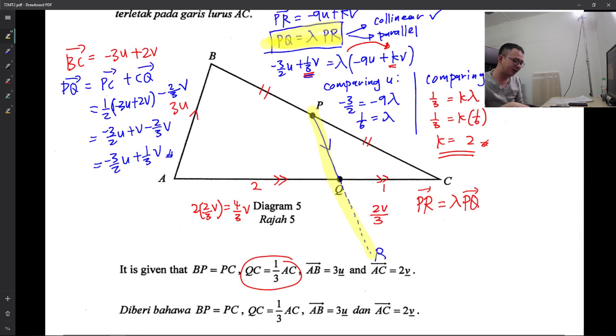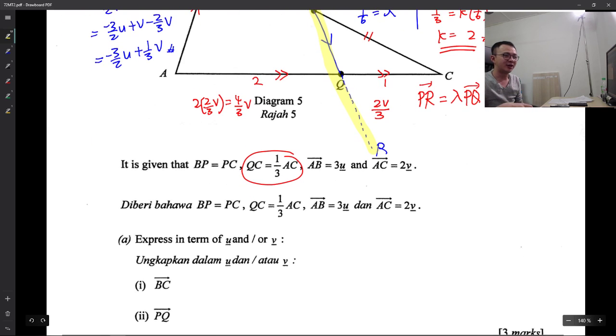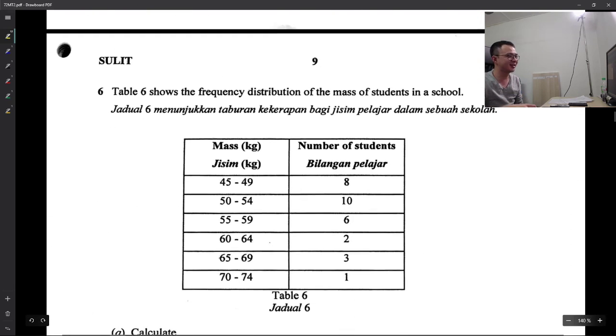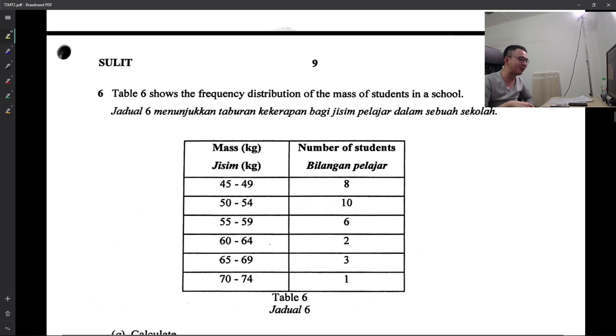When they say PQ extended to R, I will just assume they follow the words. PQ extended to R, so I assume R is below Q. I will not do it the other way around. Alright, I'm going to move on to number 6. You still do not understand? Maybe you can ask me later.